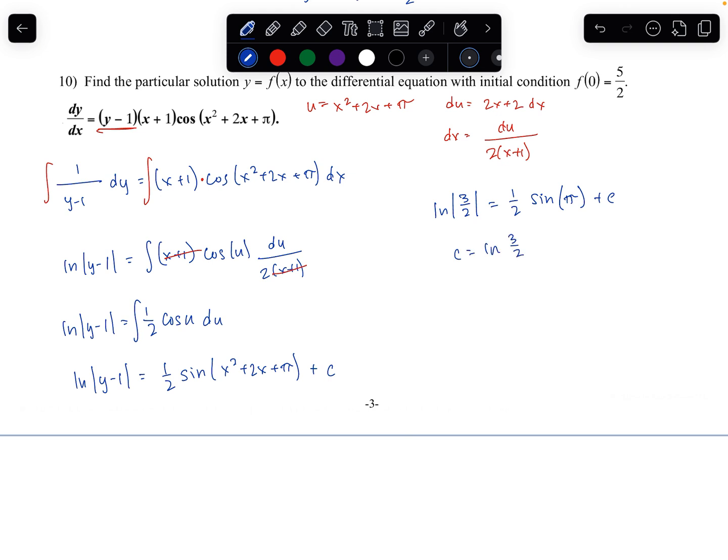So then I have the natural log of y minus 1 equal to 1/2 sine of x squared plus 2x plus pi, and then plus the natural log of 3/2.